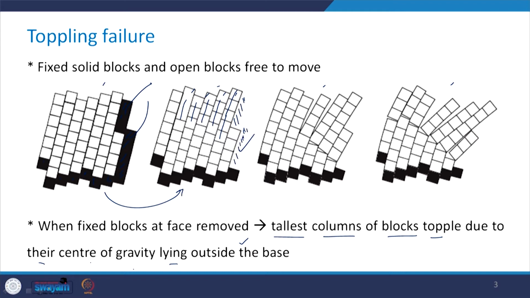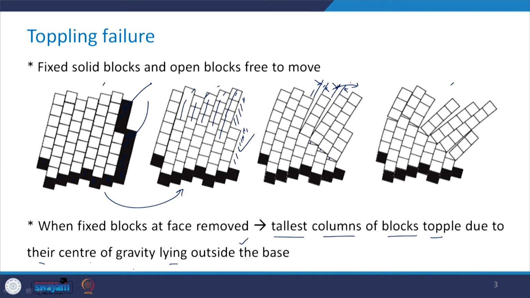Now, if we leave it like that, slowly there is going to be toppling or rotation, and you can see that a gap is observed here at the base, and there is a separation between these two blocks here also.